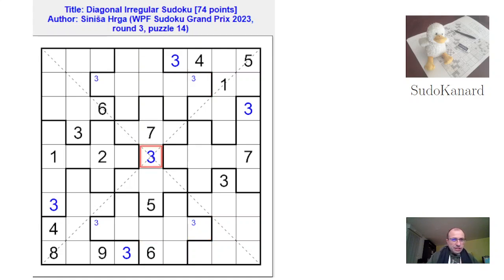Still a nice start. Now I'm seeing those 7s. So in this area we must have 7 in one of 2 places. And perhaps there's something with 7 on this diagonal, and no, I don't think so.